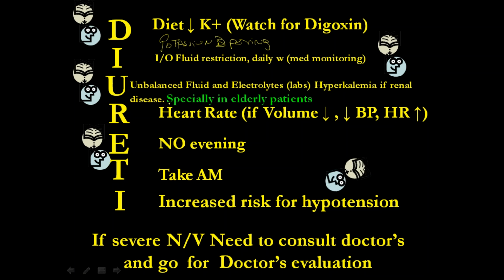It is very important to remember that potassium-sparing diuretics spare potassium, and you never use them when you have renal disease or kidney failure. Why? Because the kidney is not working and cannot get rid of the excess potassium. So that is going to lead to hyperkalemia.